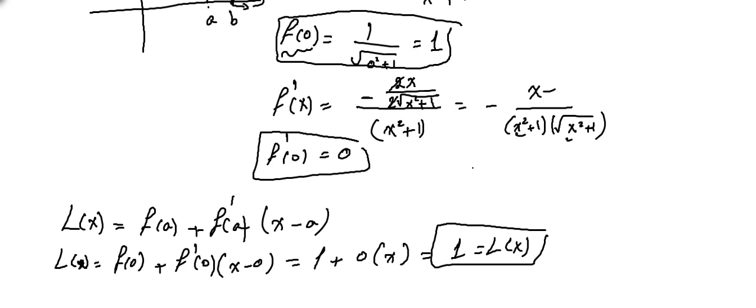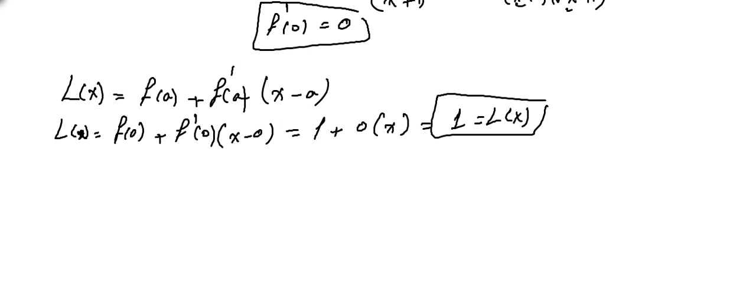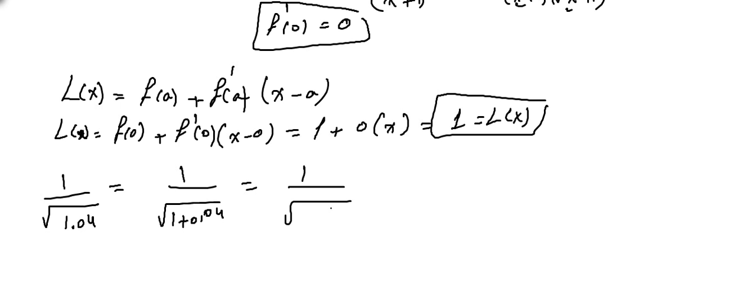Again, in the same exercise, he wants me to use this linear model of f to obtain an estimate for 1 over radical 1.04. What is 1 over radical 1.04? It's 1 over radical 1 plus 0.04, which is 1 over radical 1 plus 0.2 squared.